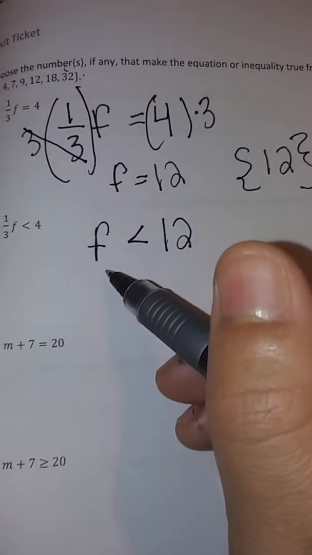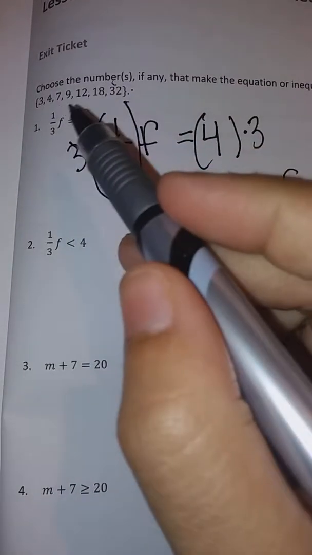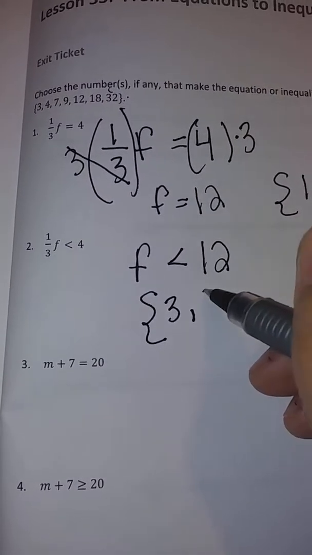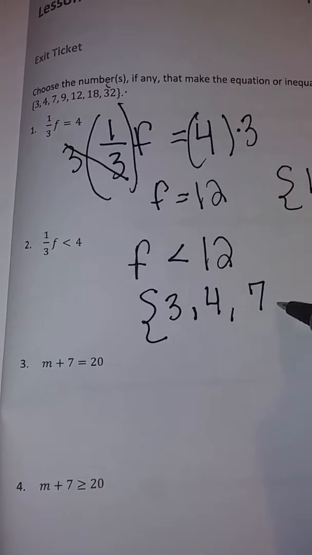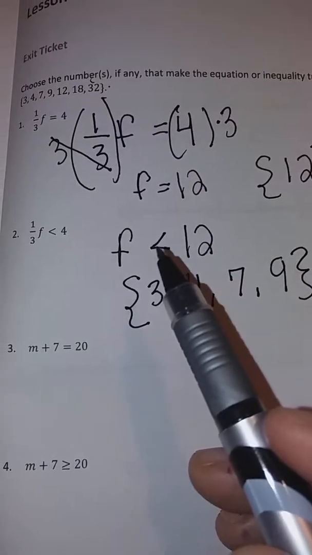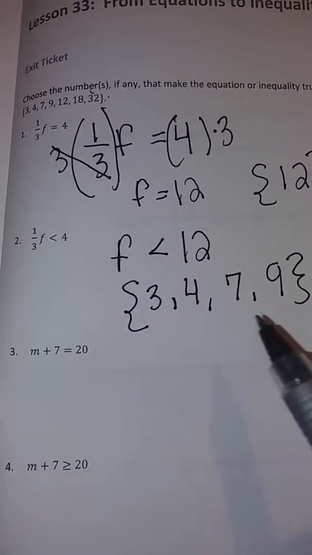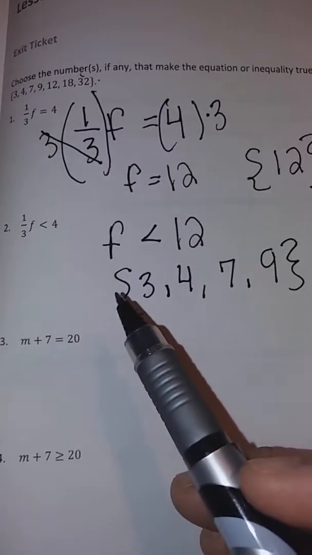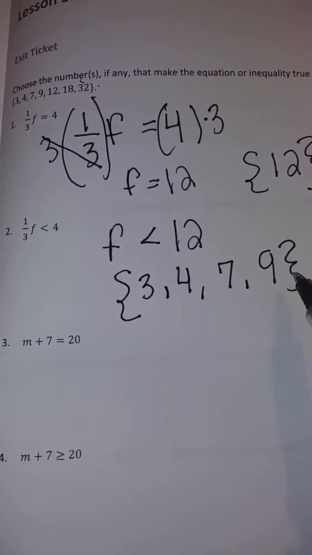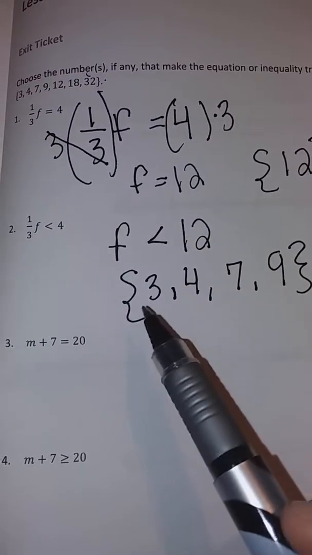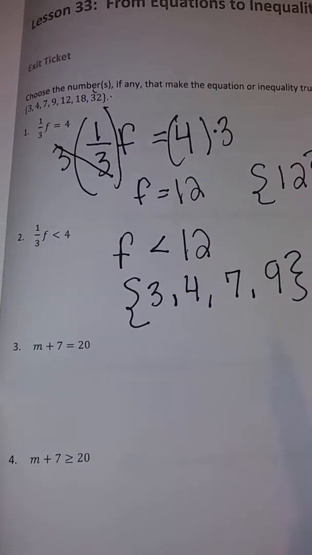So you write your symbol, and your answers could be 3, because that's less than 12, 4, 7, and 9. This is not less than or equal to, so 12 would not be included in your answer. Only numbers less than 12. You guys need to be answering with this symbol, and keep in mind that this is not your final answer. This is your final answer right here.